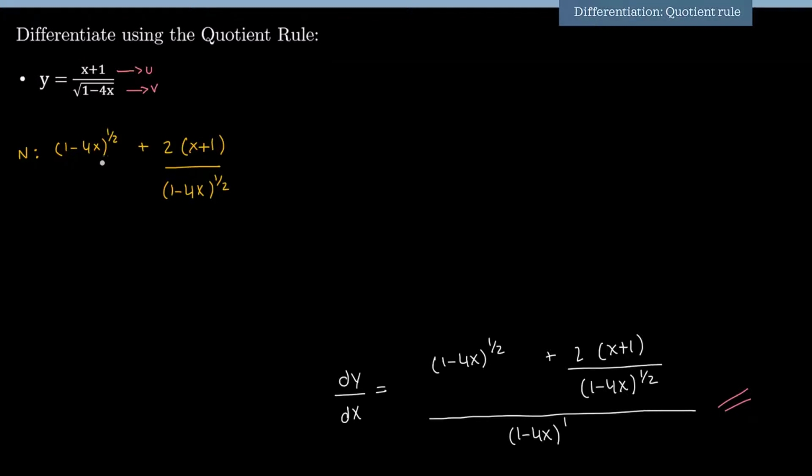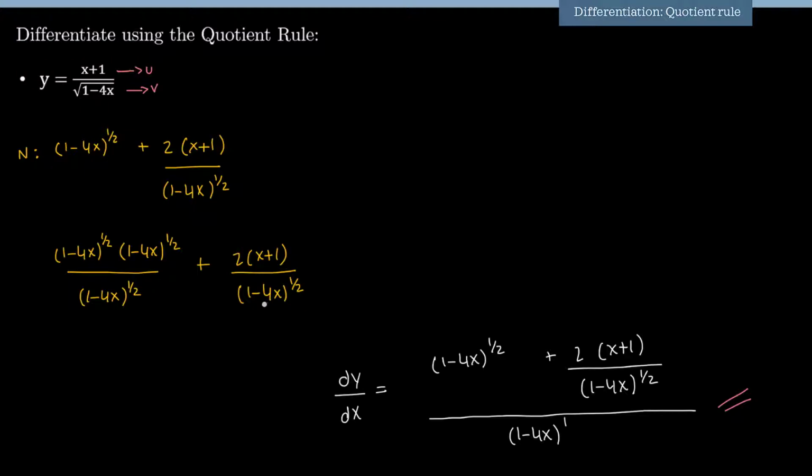Now in order to add these two fractions, their denominator must be the same. So I'm going to multiply this 1 minus 4x whole power 1 upon 2 by this denominator. And so it would become 1 minus 4x whole power 1 upon 2 times 1 minus 4x whole power 1 upon 2 divided by 1 minus 4x whole power 1 upon 2, and then plus 2 times x plus 1 divided by 1 minus 4x whole power 1 upon 2.